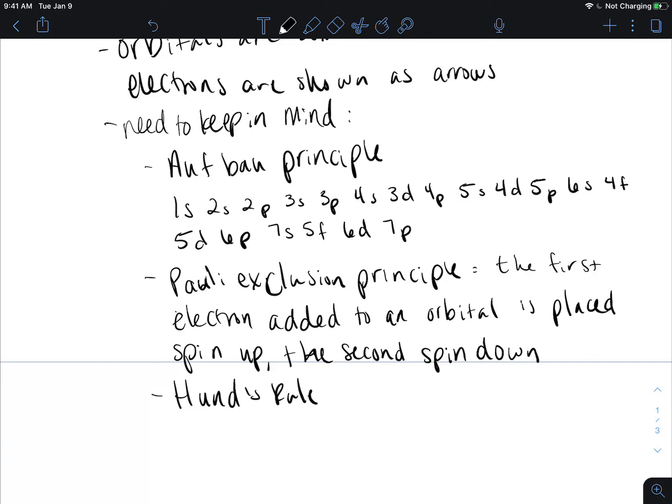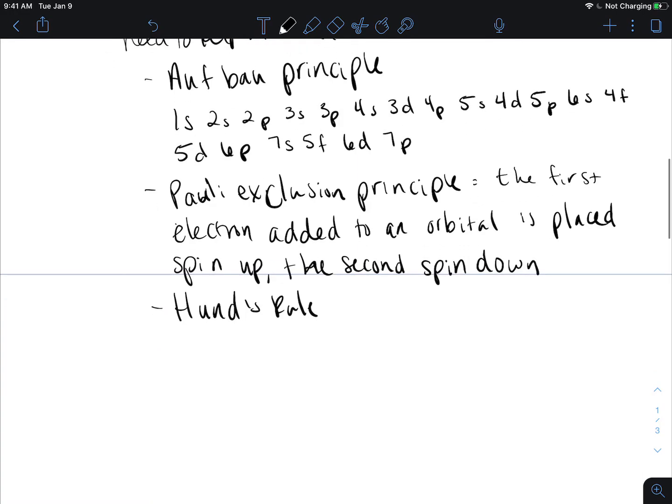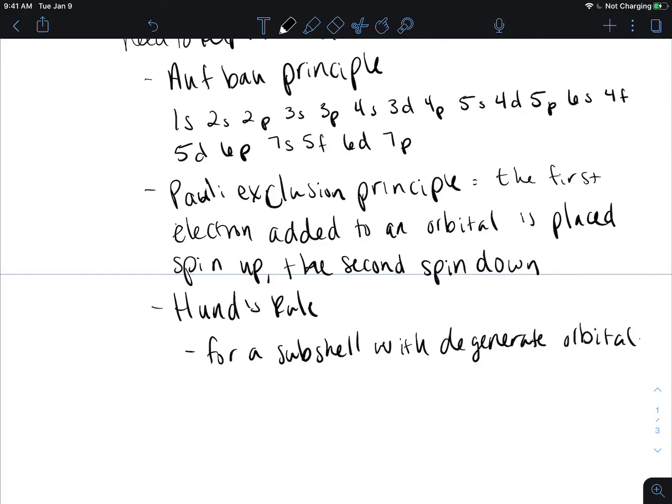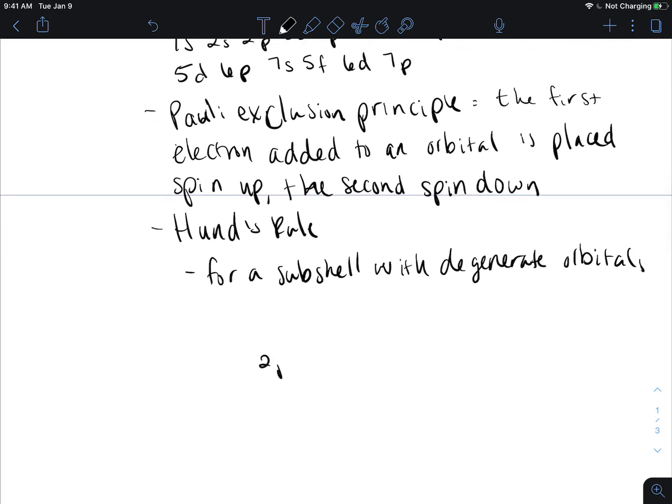So if we have a subshell with several orbitals, and all of the orbitals are degenerate, such as 2p, for instance. 2p has 3 orbitals.